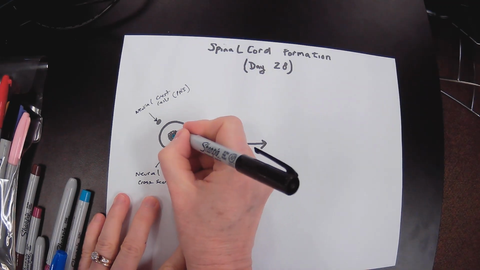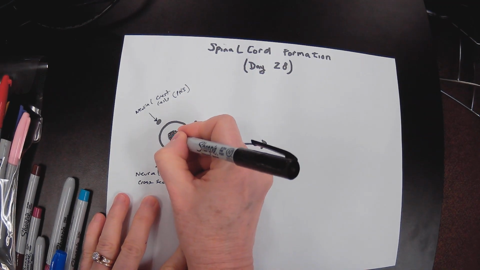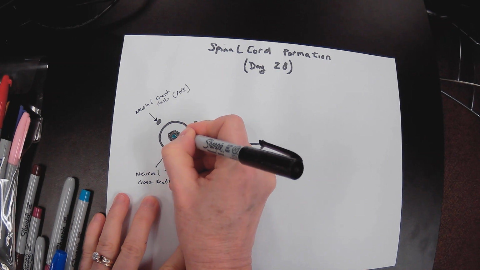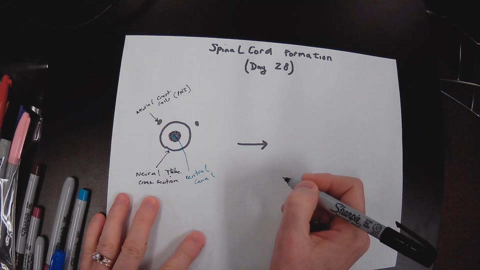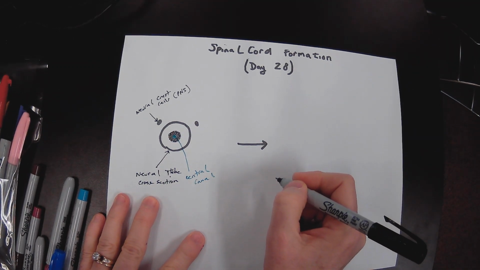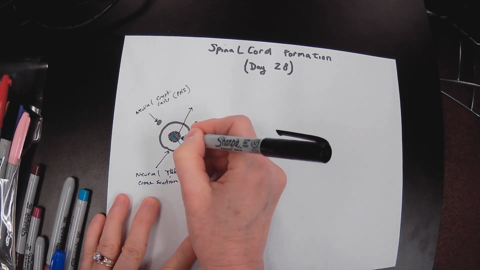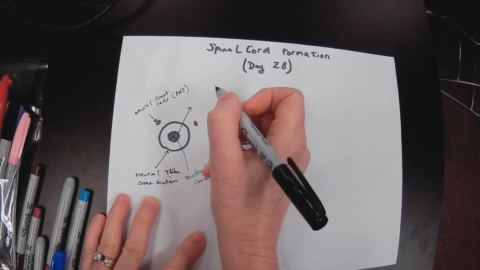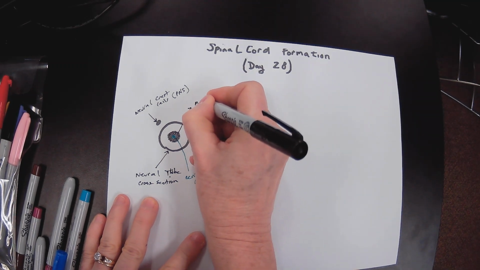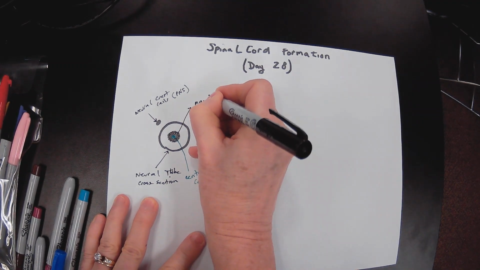On the outside of the central canal, you have bundles of gray matter, gray cells here. These are neuronal cell bodies that have formed. Just right around the central canal, it's called your mantle layer, M-A-N-T-L-E.